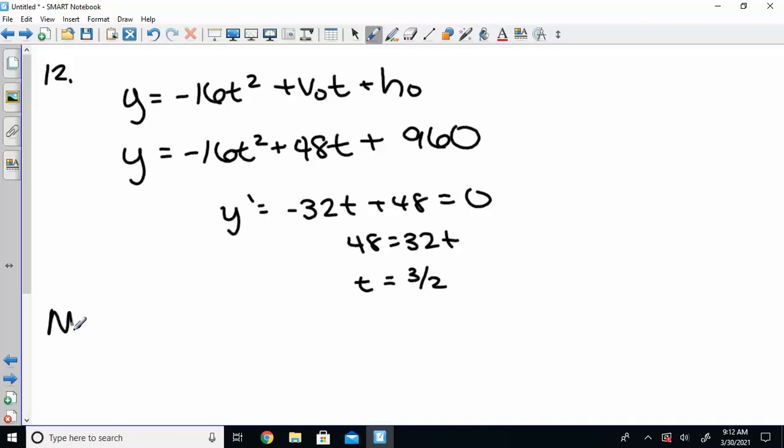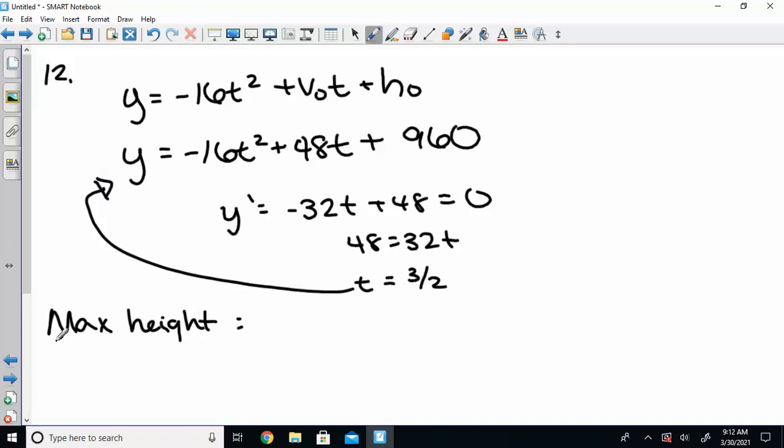So the actual max height, you plug your 3/2 into your height equation. Obviously I didn't give you just all nice pretty numbers, but on the test they will be. And this one is one that you could work out by hand, it's not too ugly. And that gives us 996 feet.